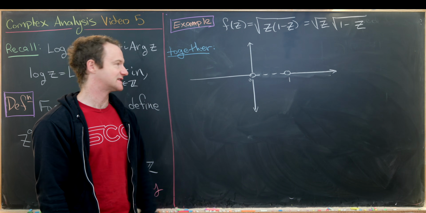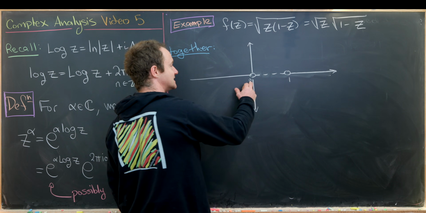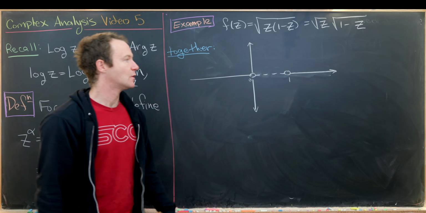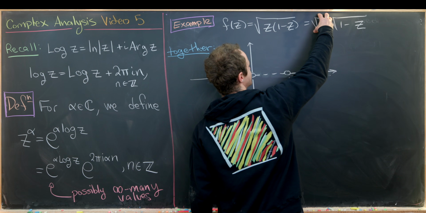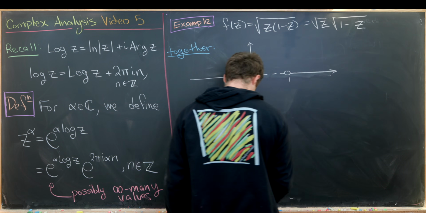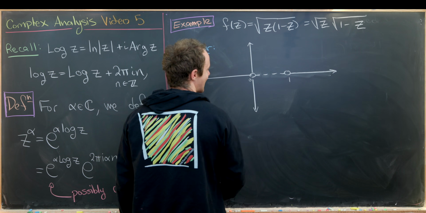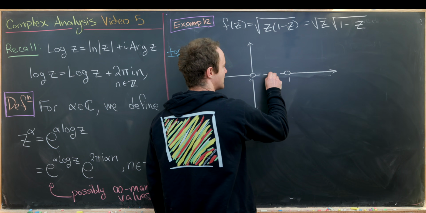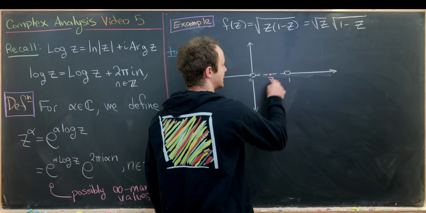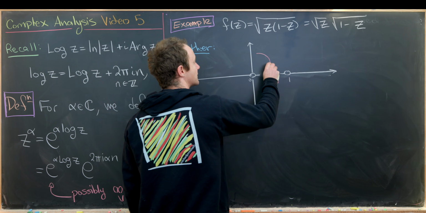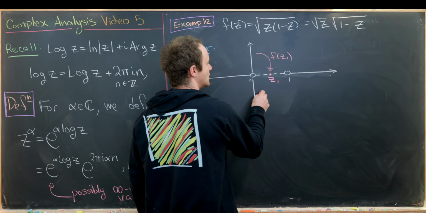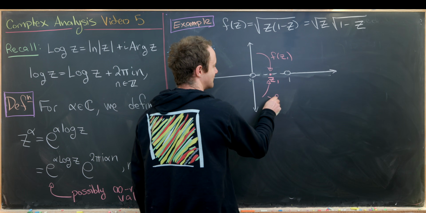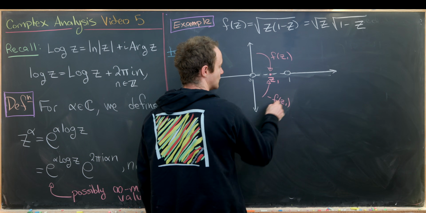Putting this together, we'll see that between 0 and 1, we pick up a phase factor of -1. So that's contributed just from this square root function. Let's maybe notate that as follows. If we've got a point, I'll call it z1 here, then from this direction, this is approaching, I'll call it f of z1, whereas in this direction, it's approaching minus f of z1.